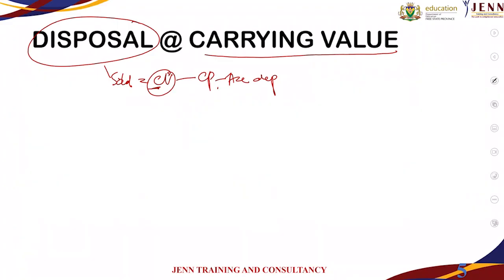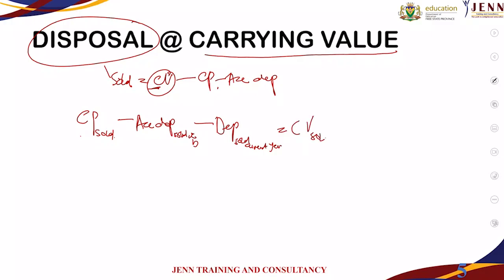We take the cost price of the sold vehicle, and then we subtract the accumulated depreciation of the sold vehicle at the beginning of the year, and then we subtract the depreciation for the current year on the sold vehicle. That will give us the carrying value of the sold asset.